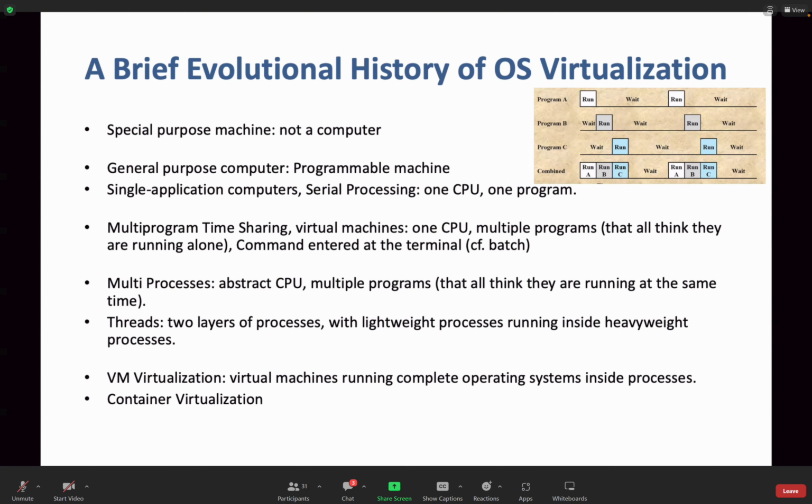Later, we are going to talk about it, but we can also talk about it briefly now. Machine virtualization is below the operating system. On top of a virtual machine, you can have different operating systems. And then there is another evolution of virtualization, which is container virtualization.